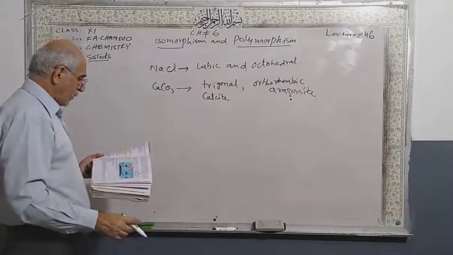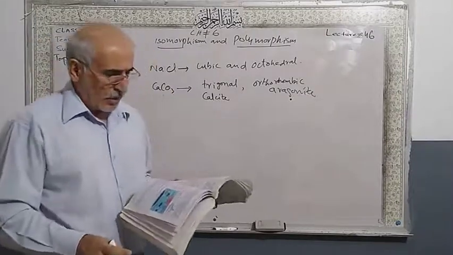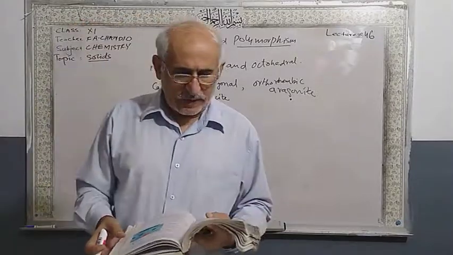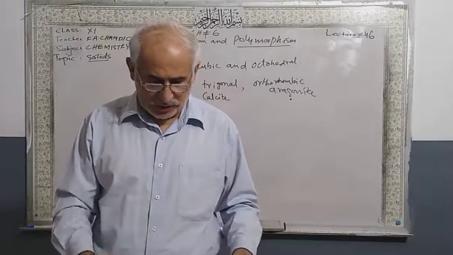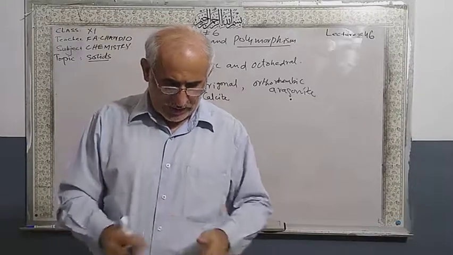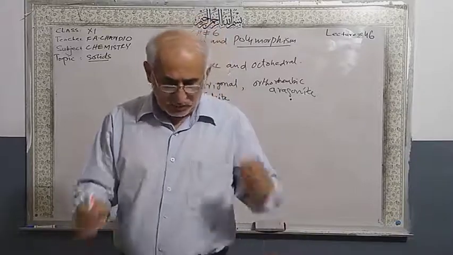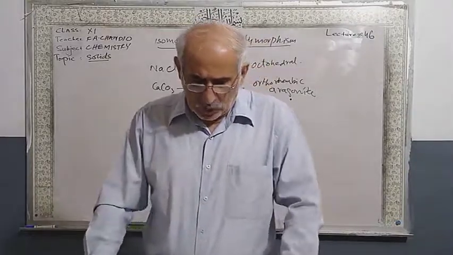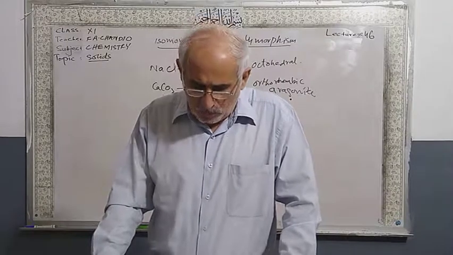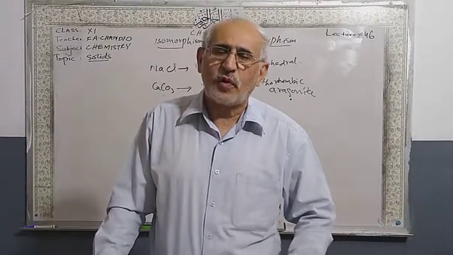Trigonal when present as calcite, orthorhombic when present as aragonite. Also mercuric iodide has orthorhombic in the yellow form and tetragonal in the red form.